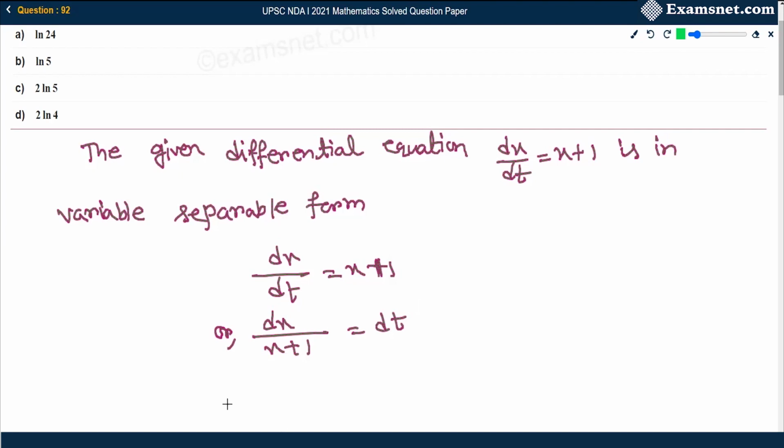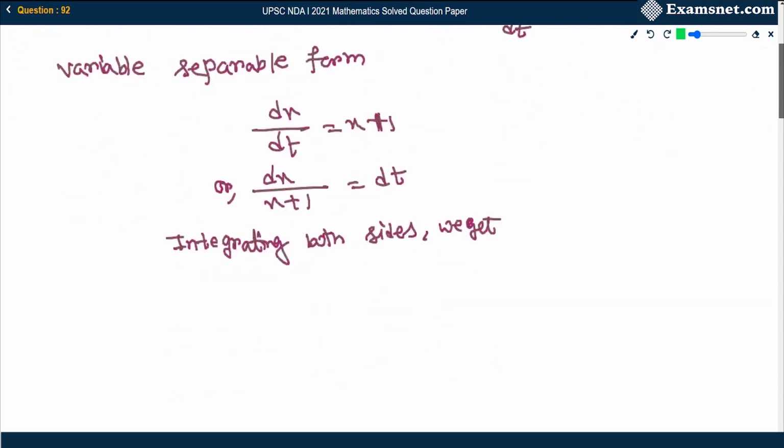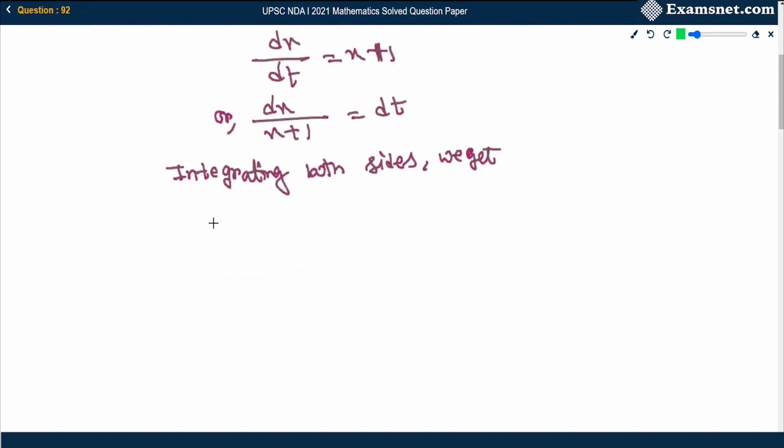Now integrating both sides, it becomes dt plus c, where c is the integration constant.